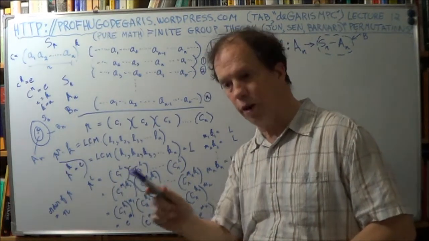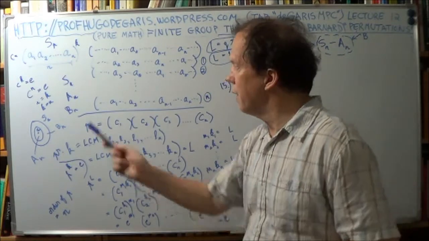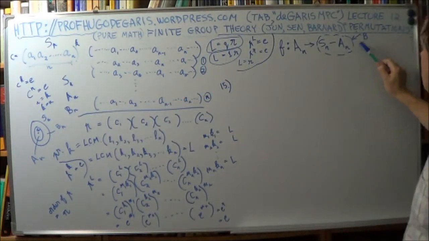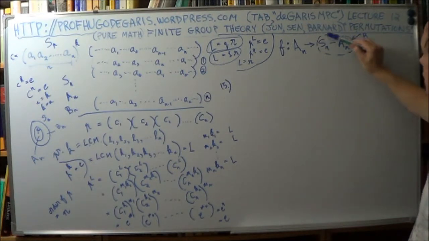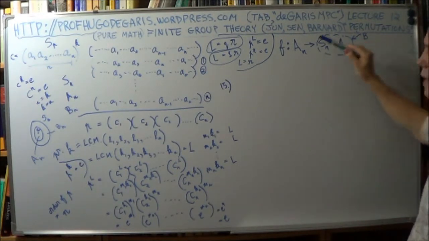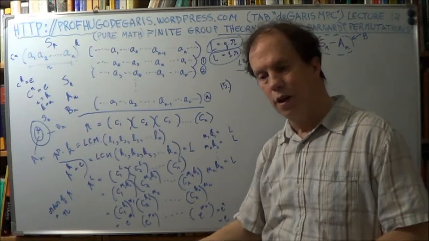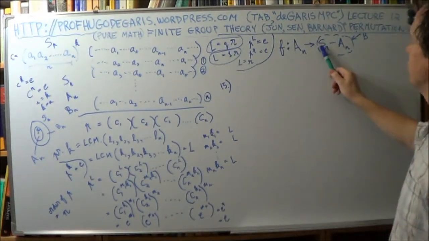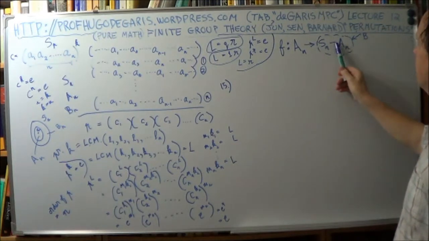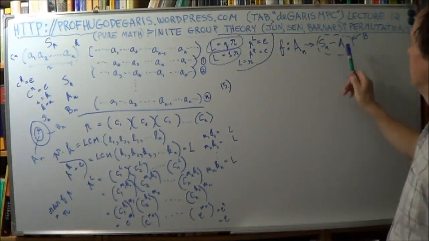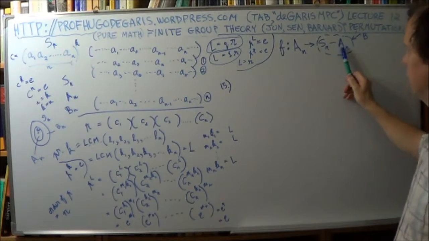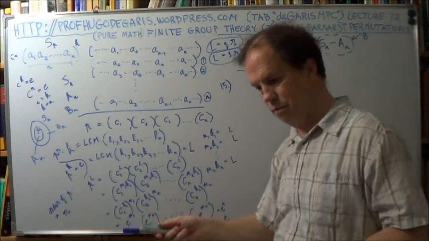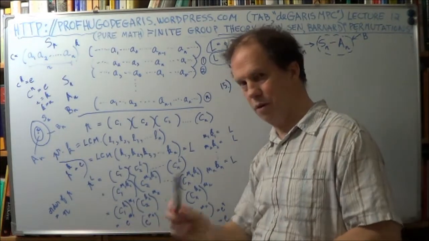S minus A is just the set of odd permutations, because this is the total set of all permutations minus all the permutations that are even, and what's left is the set of odd permutations, because there are only two kinds.